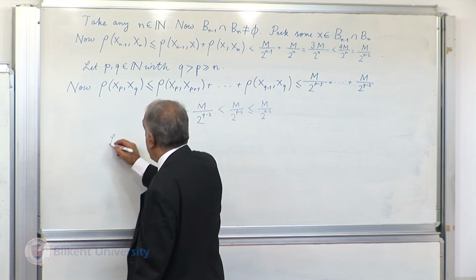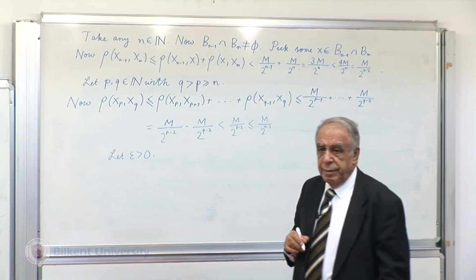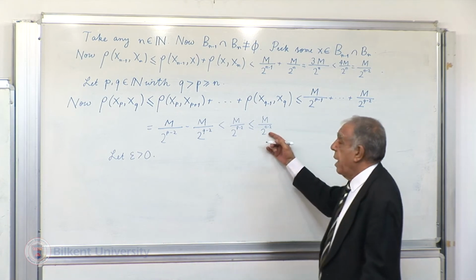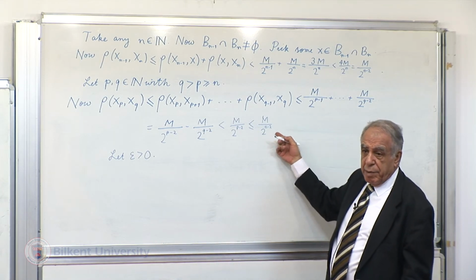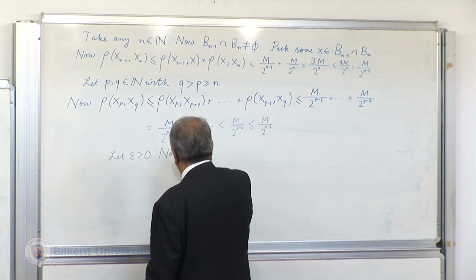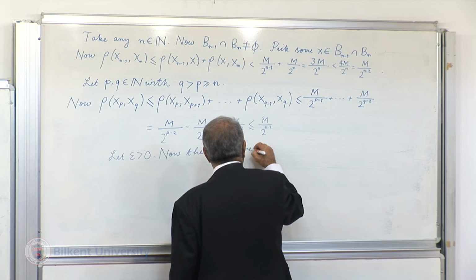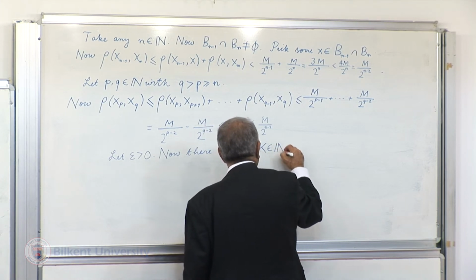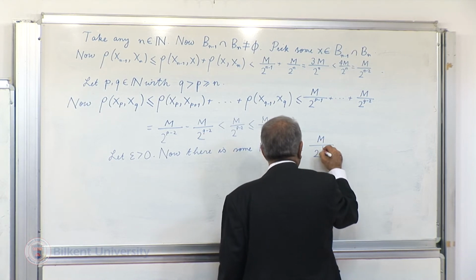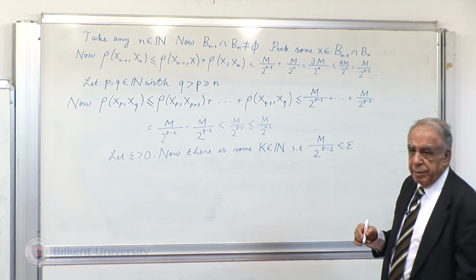Now let any epsilon greater than 0 be given. Well, the only thing is I will take n so large that this will become less than epsilon. Now, there is some k in N such that m over 2 to the power k minus 2 will be less than epsilon.